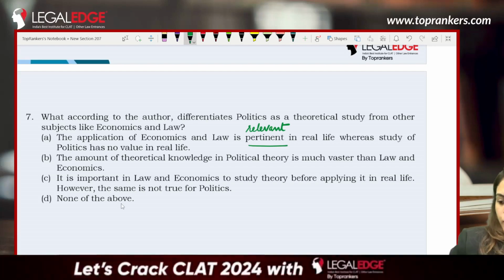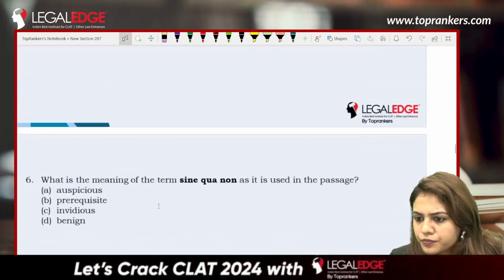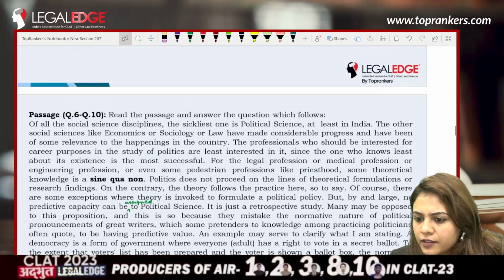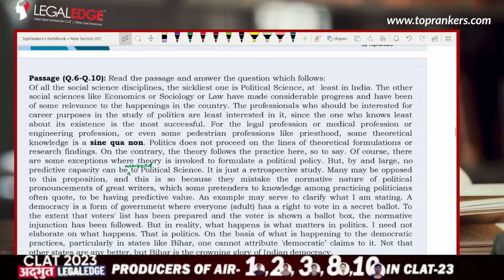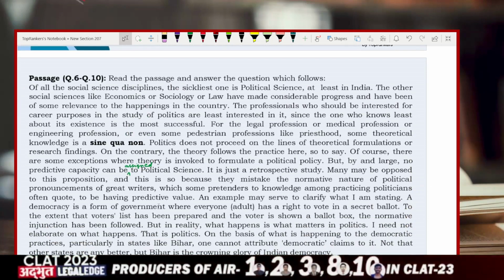Taking you to the part where this is given. Again, the first slide, where political science has been compared to economics, sociology, or law.